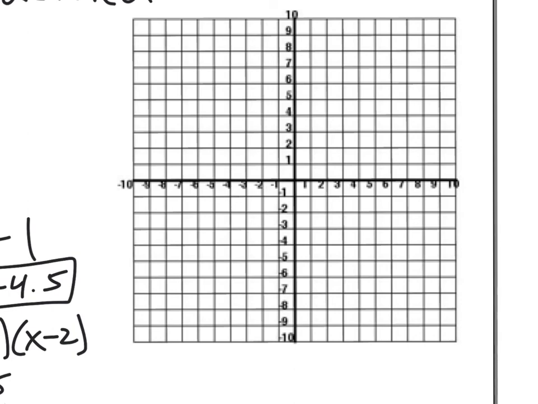I like to start with the vertex, negative 1, negative 4.5. It's going to be right down there. There's the axis of symmetry right at negative 1.